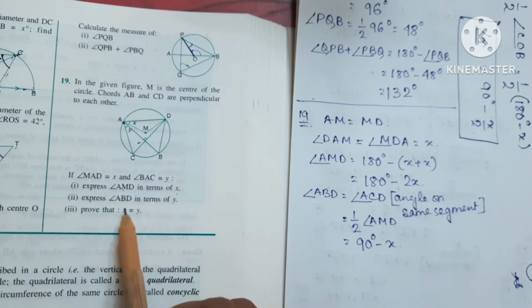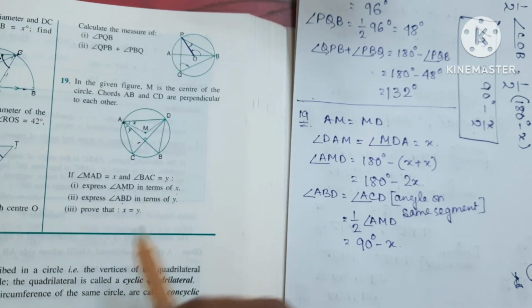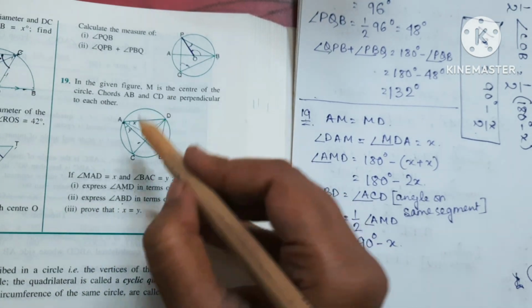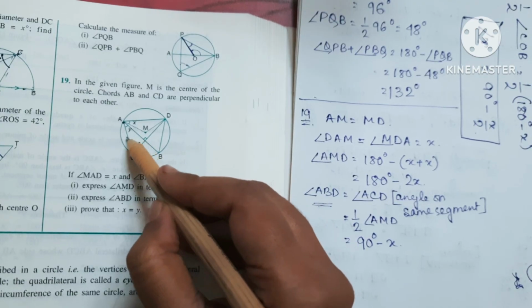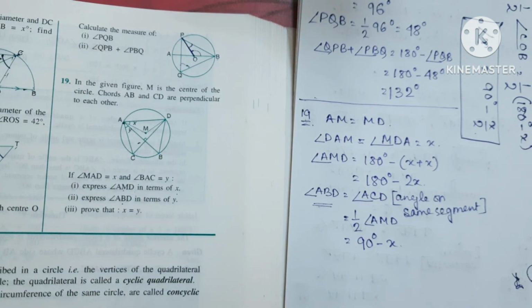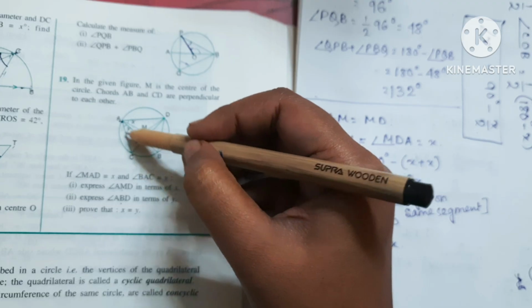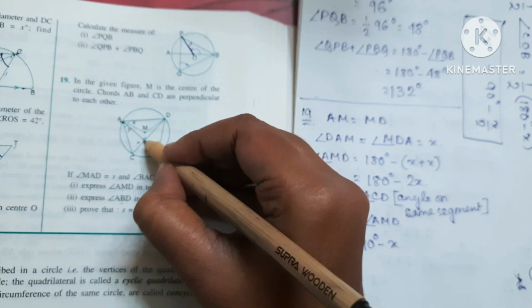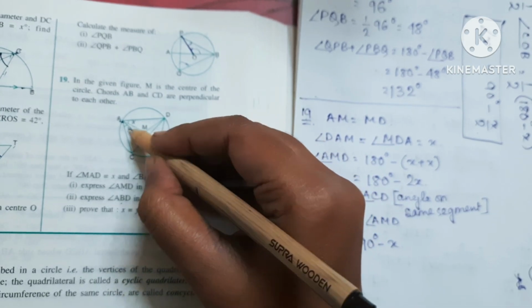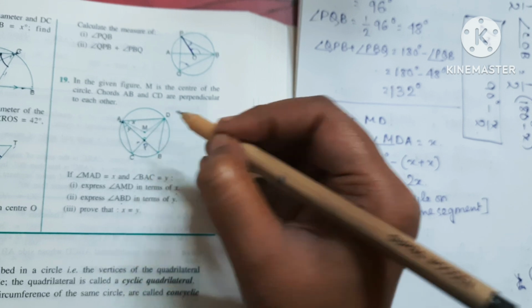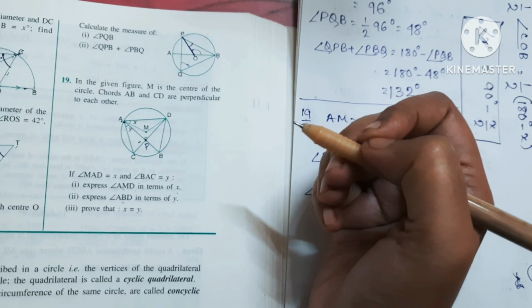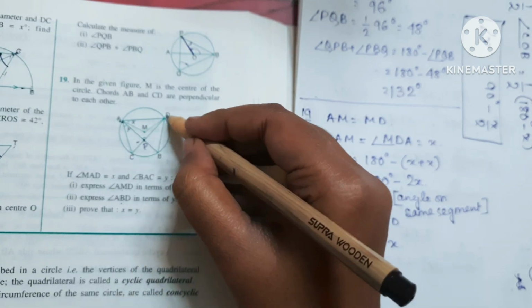Now there is a twist. Express ABD. See, we have got the value of ABD, right? But you have to express it in terms of y, not x. Okay. Now see, you can rename this point of intersection of AB and CD as P. Okay. Now see, APC and DPB.